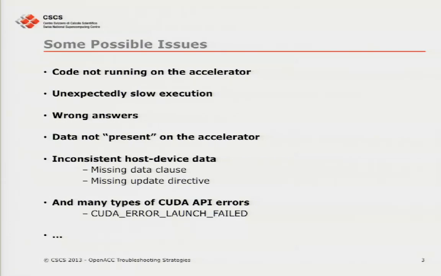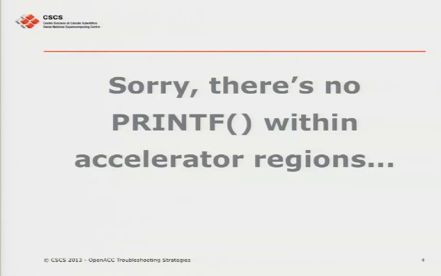We can have a bunch of different types of CUDA API errors. So many different issues above and beyond what you're dealing with on x86 and with CUDA. And it can be challenging because we don't have printf within the accelerator regions.